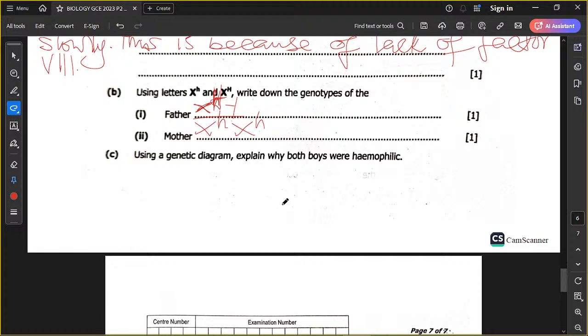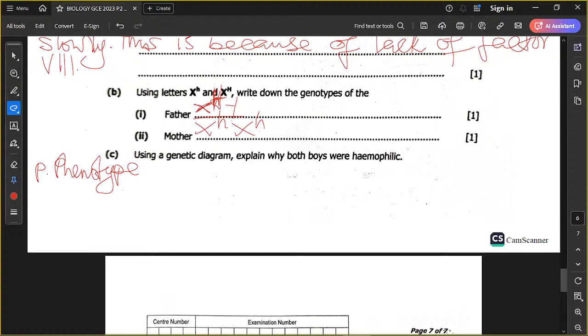So let's start with the parents' phenotype. Phenotype is what you see. What is the phenotype of the parents? We know the father is non-hemophilic, so we have a father who is a normal parent.